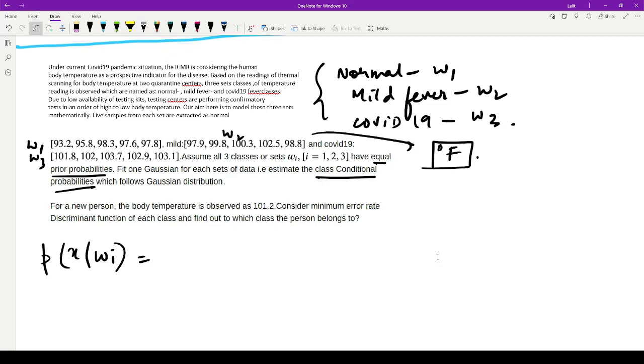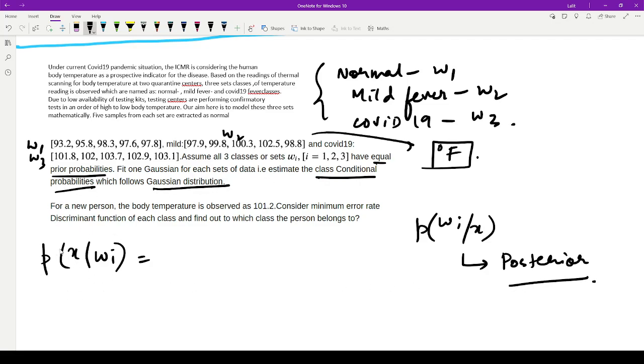No, no, no. You don't write the posterior in terms of prior. I mean the class conditional density. What you said, probability of omega i given x, is a posterior probability. Oh yeah, sort of got confused. Sorry. So here we are directly modeling it as a Gaussian distribution. That's what I was asking.